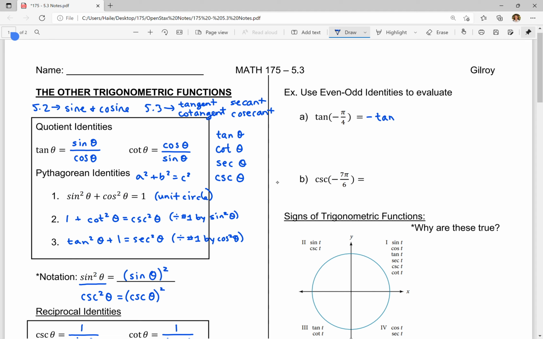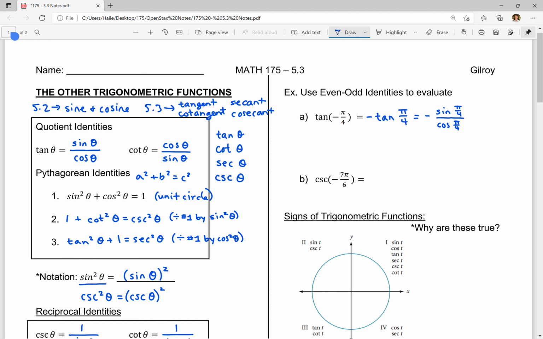So this is the same as the negative tangent of pi over 4. So now that we've pulled that negative sign out front, we need to figure out how can we rewrite tangent in a way that we can actually evaluate it. So tangent, if you remember from our quotient identities, is just sine over cosine. So we have the sine of pi over 4 divided by the cosine of pi over 4.